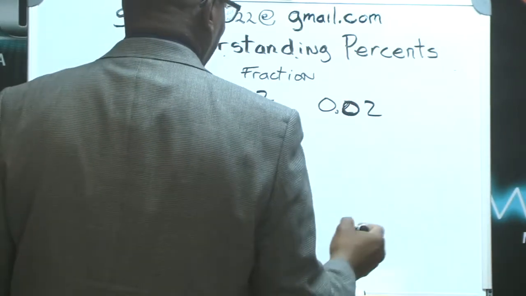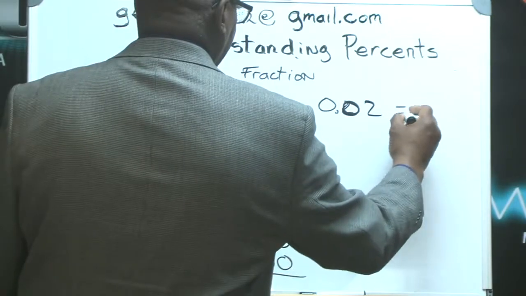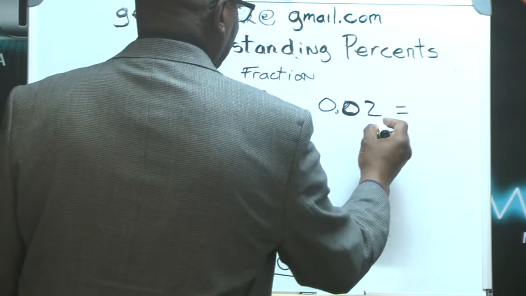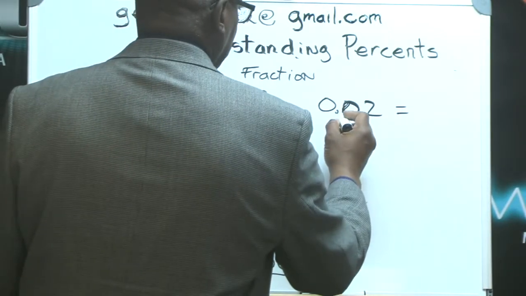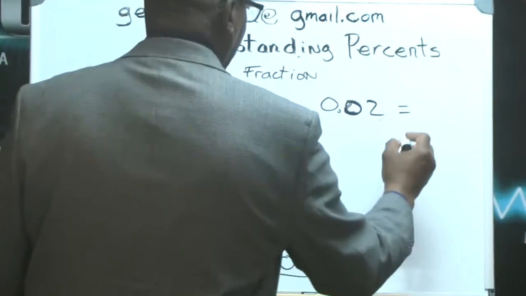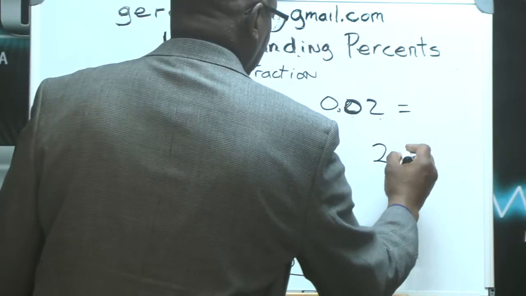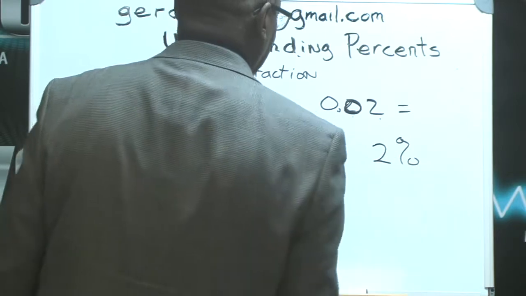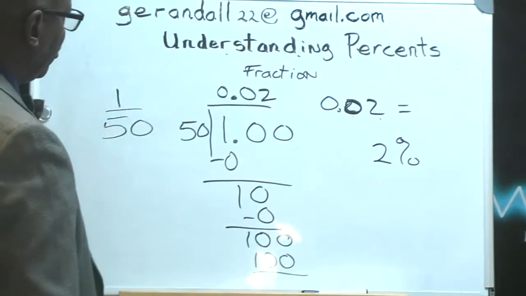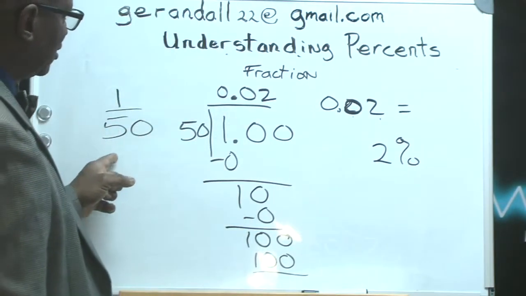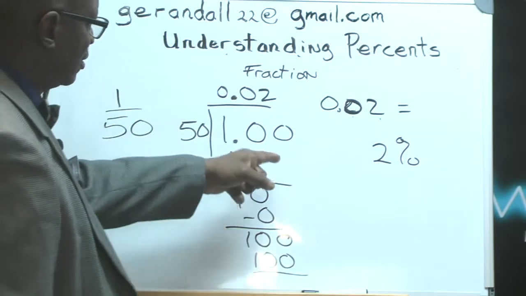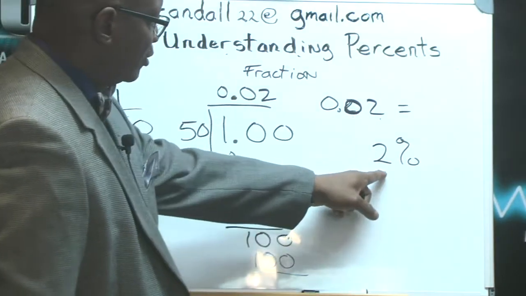And that is converted to a percentage by moving this decimal 2 places to the right and rewriting as 2%. We've moved from fraction to decimal and then to percent.